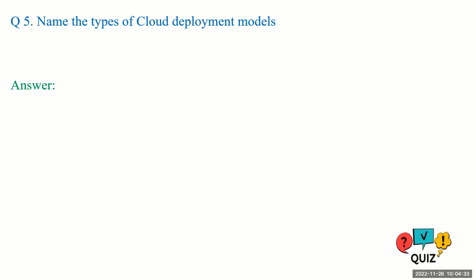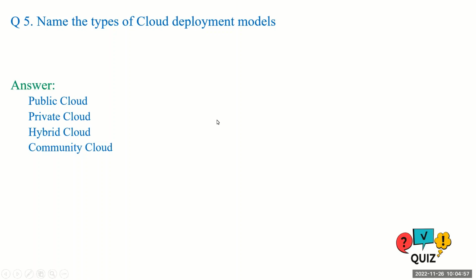What type of data center it should be? On-prem, hybrid, and fully on cloud, is it? Okay. So it's a public cloud, private cloud, hybrid cloud, and community cloud. So on-premises is your own data center. So these are the four types of cloud deployment models available. All right, let's move on to the next one.